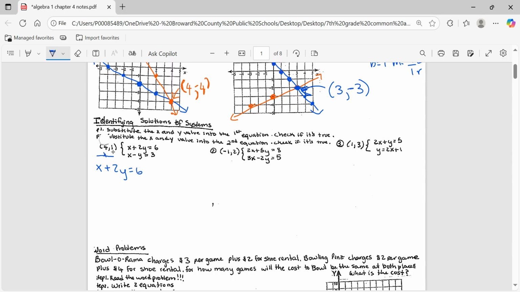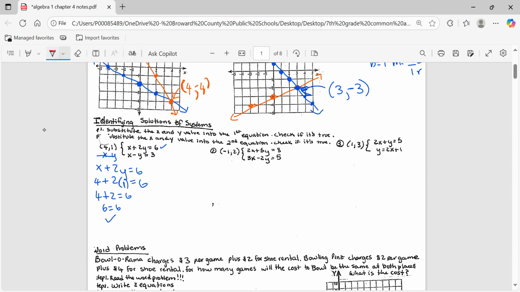This is your x, and this is your y. So x is 4 plus 2 times y, which is 1, should equal 6. Well, 4 plus 2 should equal 6, and indeed 6 is equal to 6. I know this point is on the first line.